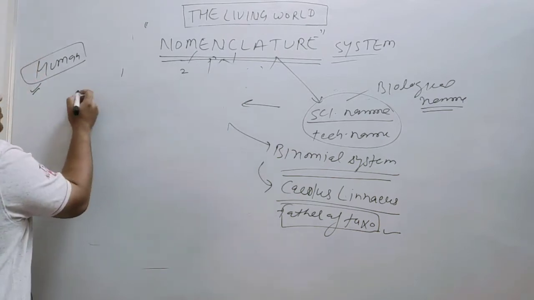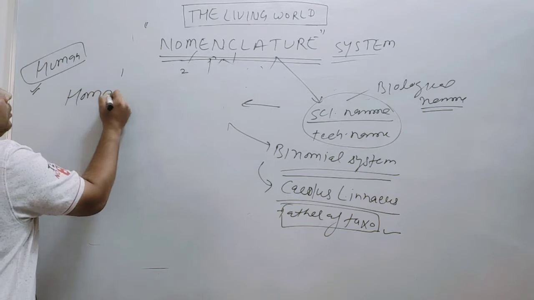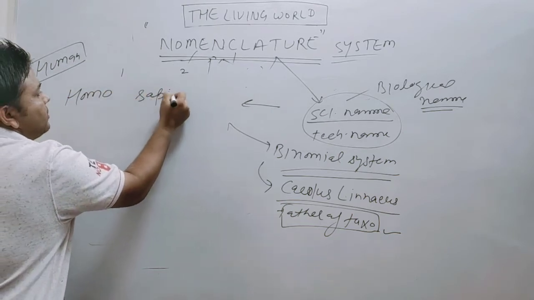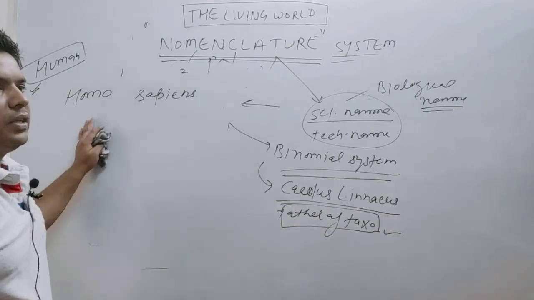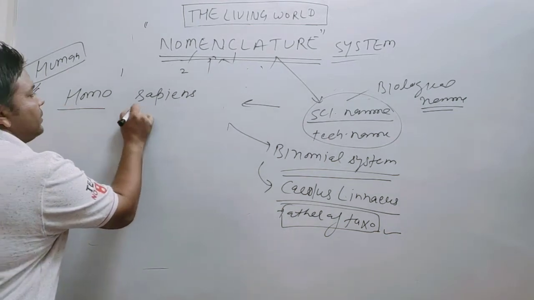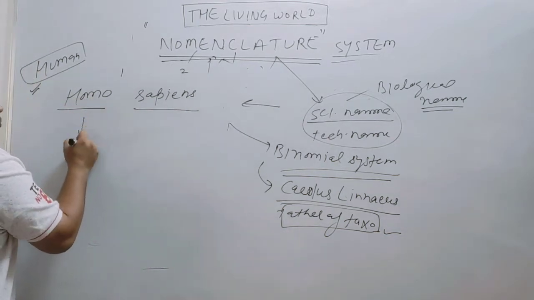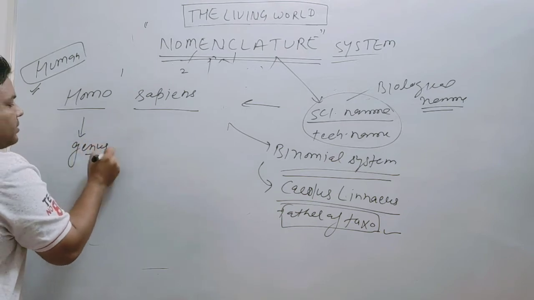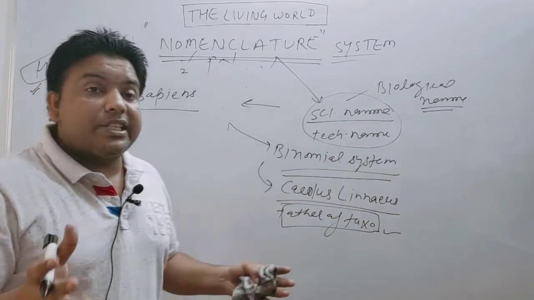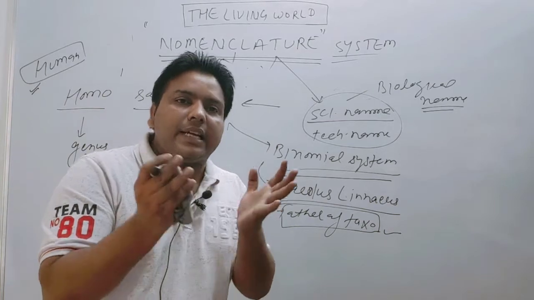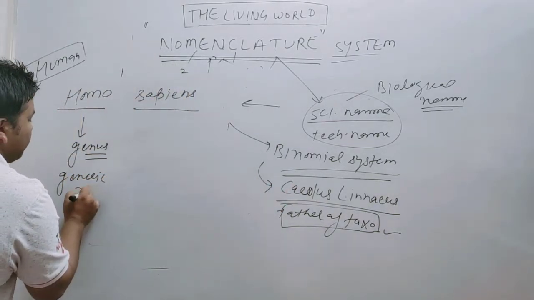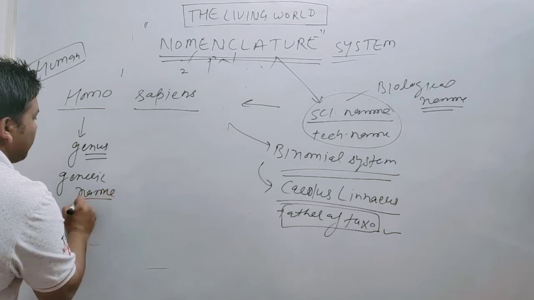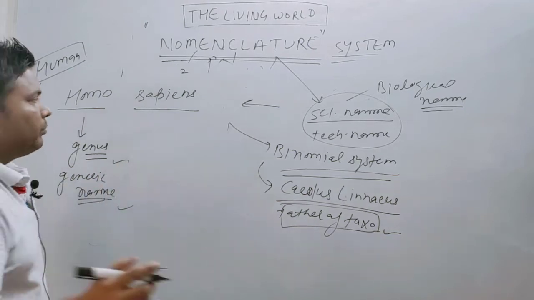See, Homo sapiens. So this word will be called genus, or you can call it generic name, है ना, generic name.